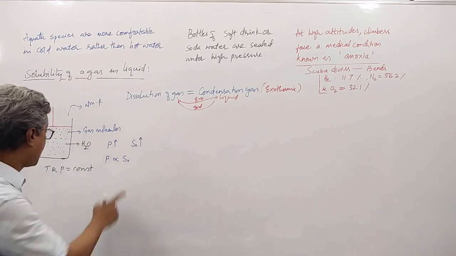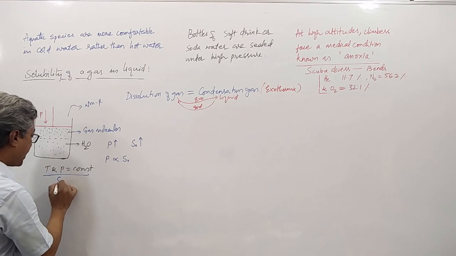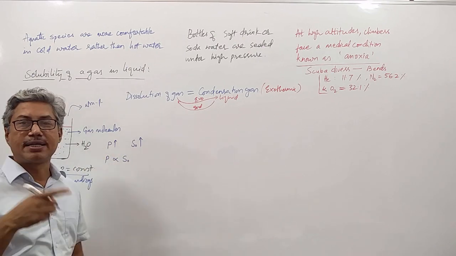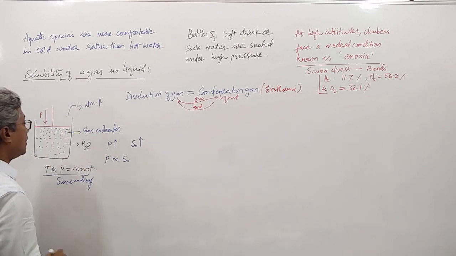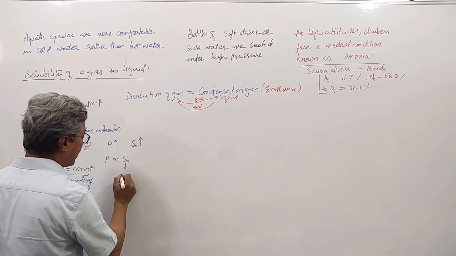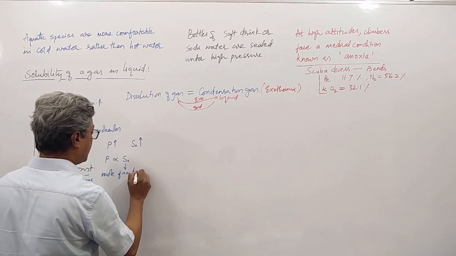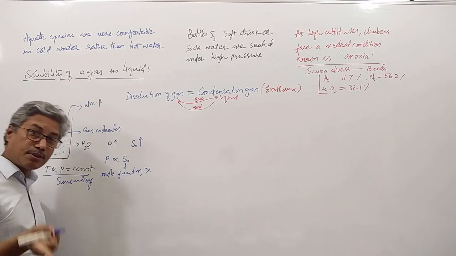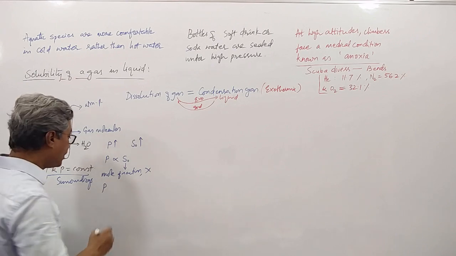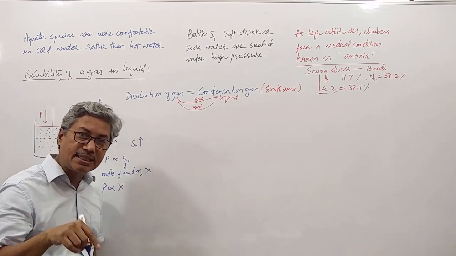Is it clear, students? But temperature and pressure are kept constant. These are surrounding conditions, surroundings. So if you increase pressure, solubility is also increasing. Clear? Okay. Now this solubility can be considered as, say, mole fraction. That is X. So it means that pressure of the gas above the liquid is directly proportional to mole fraction of the gas in the solution.